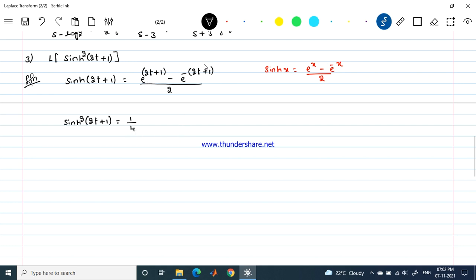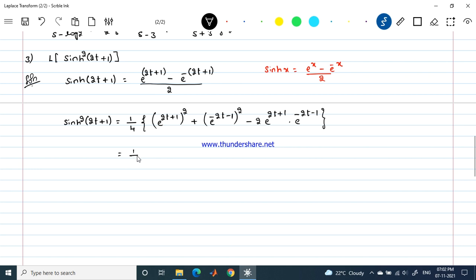Square of a minus b gives a square plus b square minus 2ab, e power 2t plus 1 into e power minus 2t minus 1.